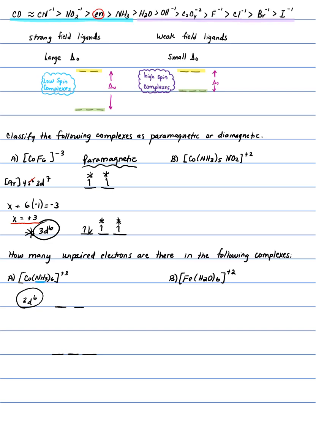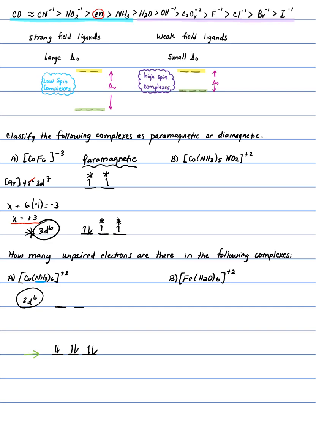Strong field ligand means that you have low spin complexes. So you have to fill all of your orbitals, the bottom part first, because it's a low spin. So I have 6 electrons, 1, 2, 3. Since it's low spin, I need to fill all of the bottom orbitals first. So I have 3, 4, 5, and 6. 6 electrons, low spin.